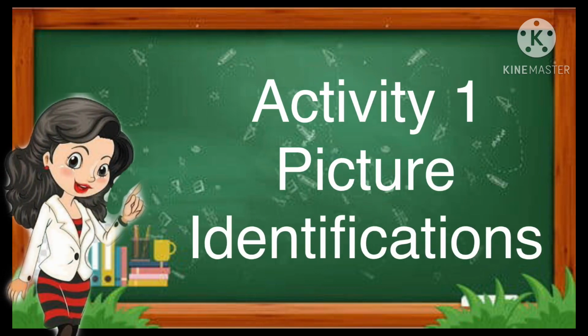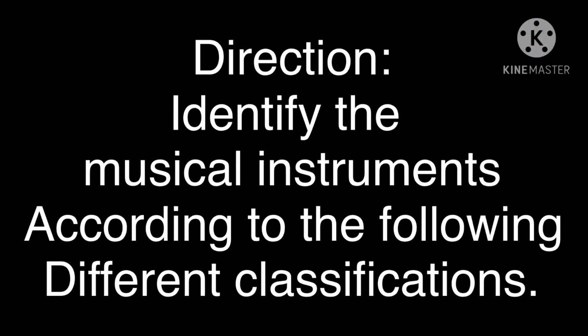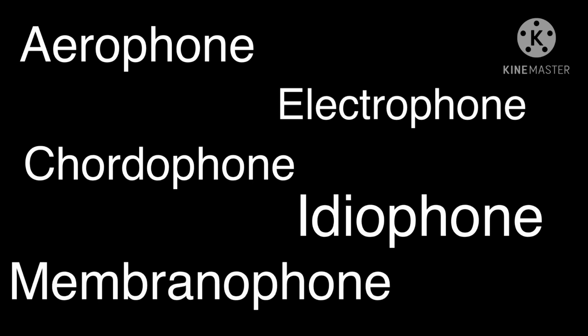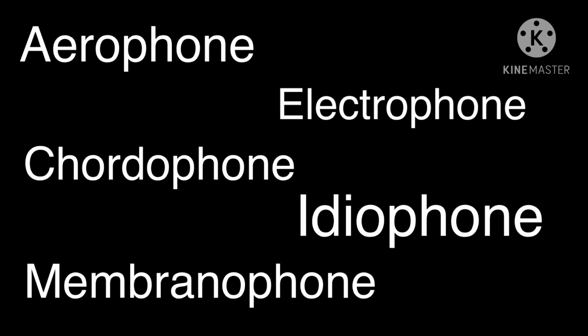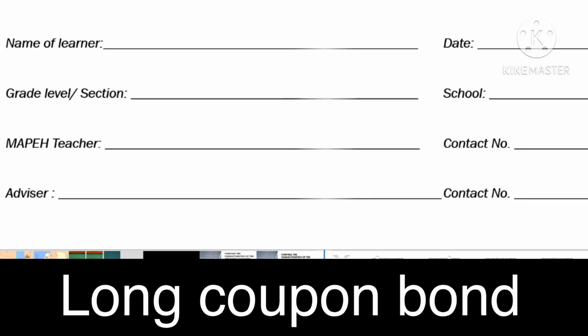So now, let's have our Activity 1, the picture identification. Direction: identify the musical instruments according to the following classifications: aerophone, electrophone, chordophone, idiophone, or membranophone. Write your answer in a long bond paper using this template.